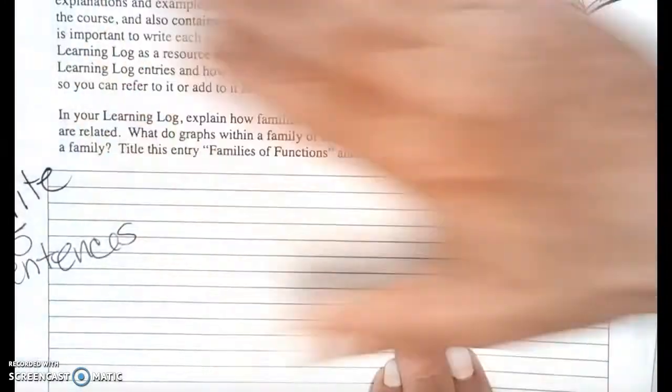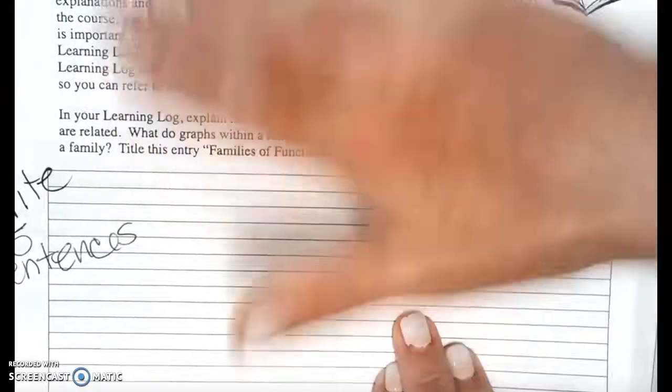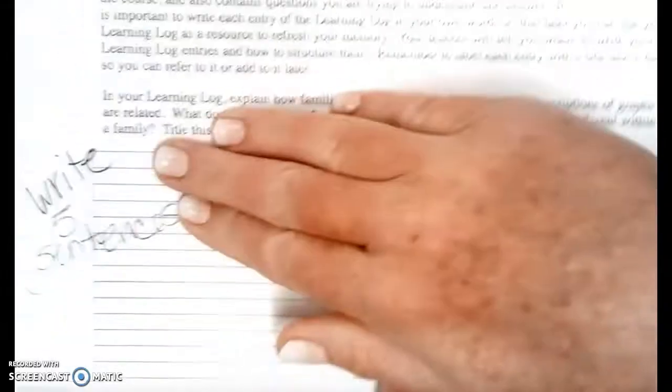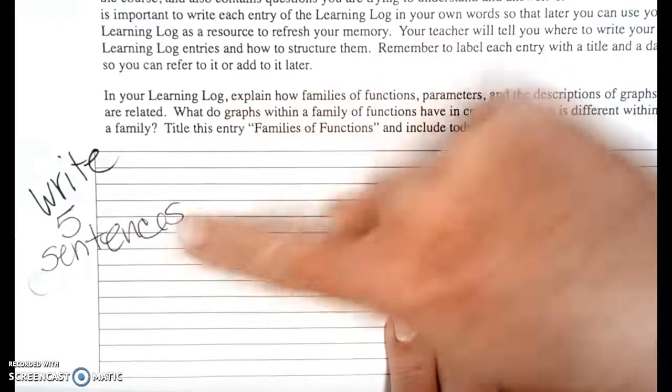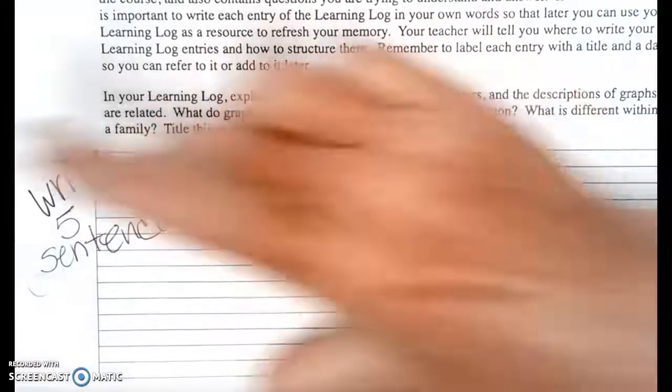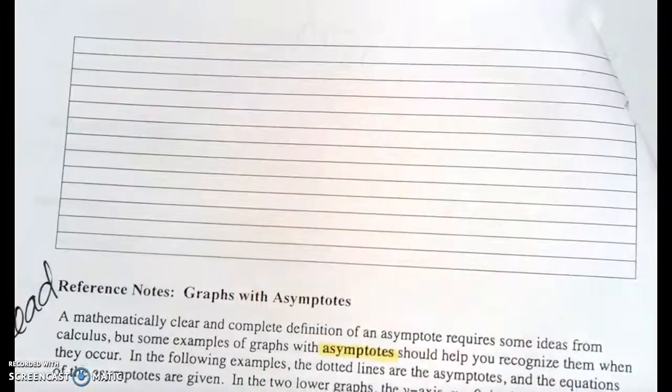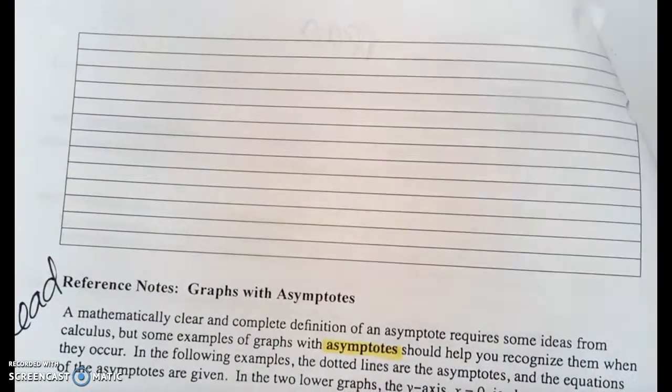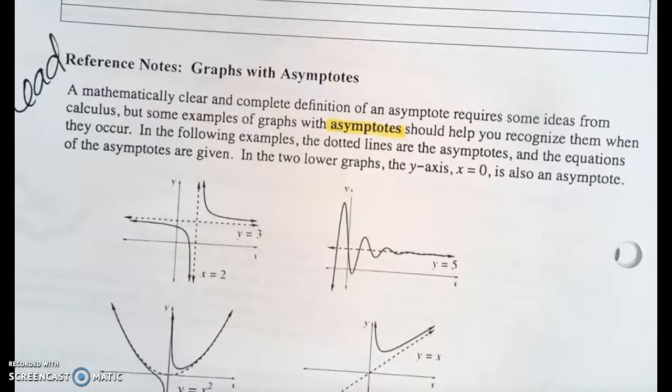It's going to give you a direction of where you should go with it. I want you to write about 5 sentences down here, which should fit on this side. But if it doesn't fit on this side, it gives you a few extra lines on the next page. You don't necessarily need to write more here if you write small enough and it fits on the first page, okay? And then it goes into asymptotes.